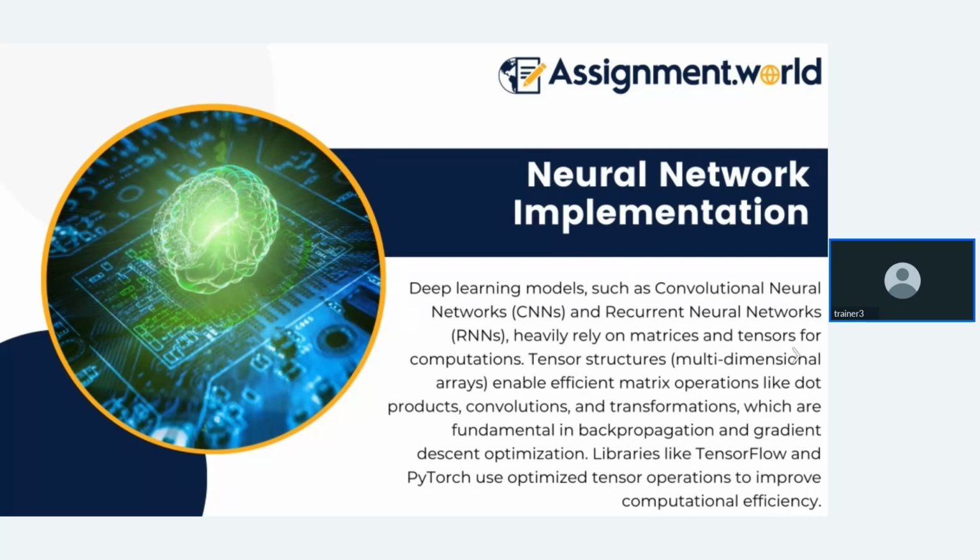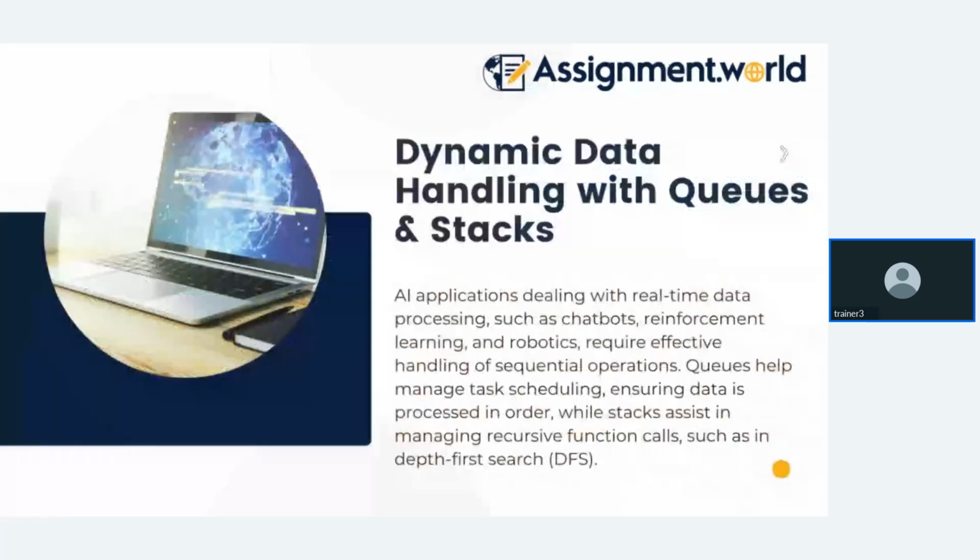We have sorting algorithms, machine learning algorithms, deep learning algorithms. So deep learning and neural network implementation are all the same. And dynamic data handling with queues and stacks. So dynamic programming can be easily done by using queue and stack data structures.